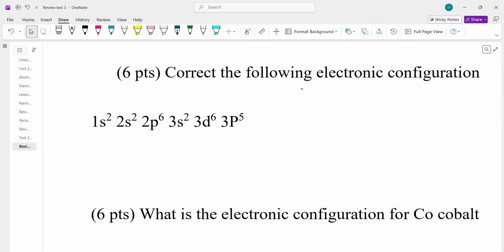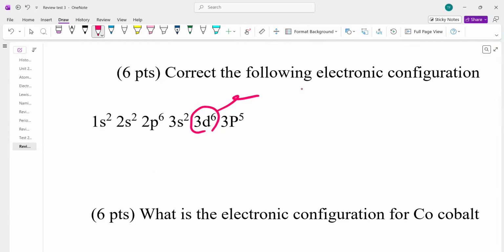The D's come after 4S. So in other words, this needs to go. Because you can't have a 3D unless you have 4S. So after the 3P6, you go 4S2, then the 3Ds.